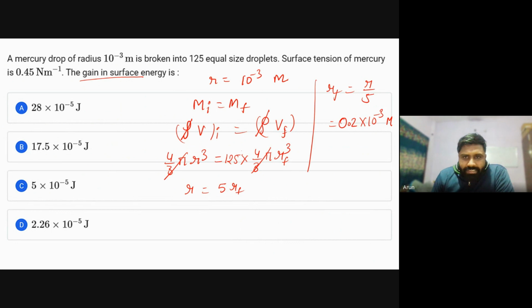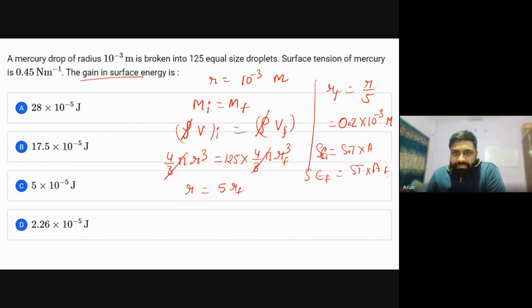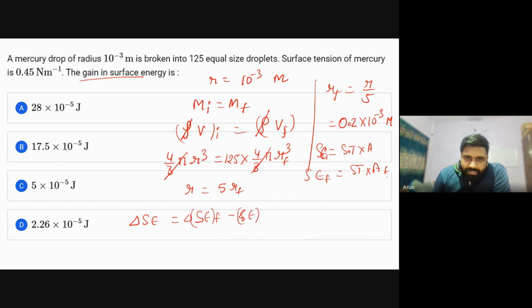Now the initial surface energy is surface tension multiplied by area initial, and surface energy final is surface tension multiplied by area final. Now this is a drop, so it has only one free surface. Surface tension is also given to you. Now the change in surface energy, delta SE, is given by surface energy final minus surface energy initial.